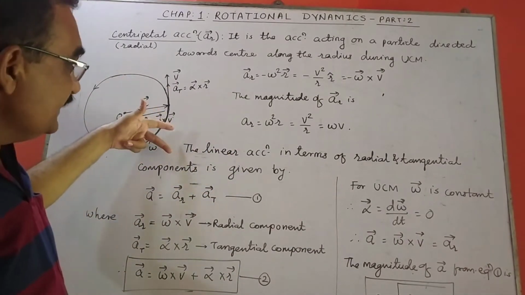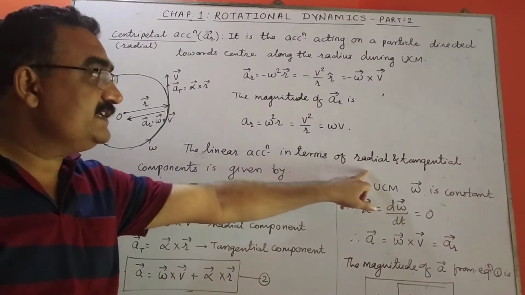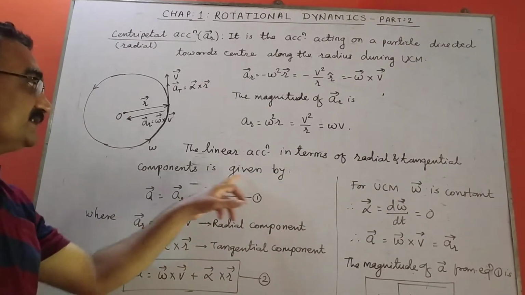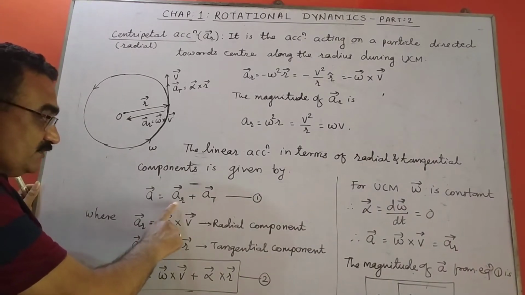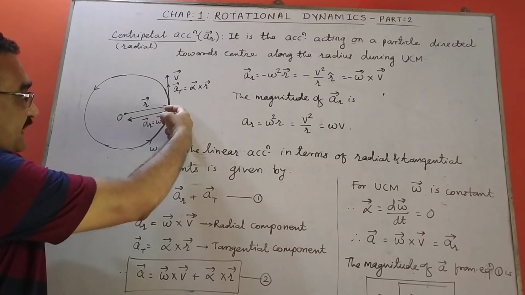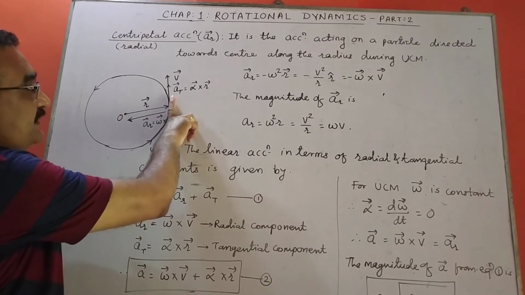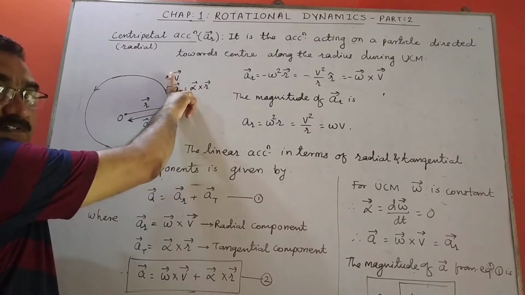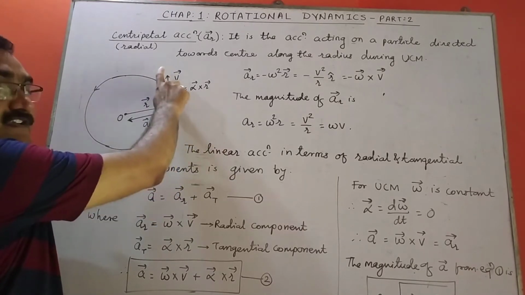Now, the linear acceleration can be expressed in terms of radial and tangential components, which is given by vector A equal to vector AR plus vector AT. Here vector AR is directed towards the center and vector AT is along V, that is, a tangent.